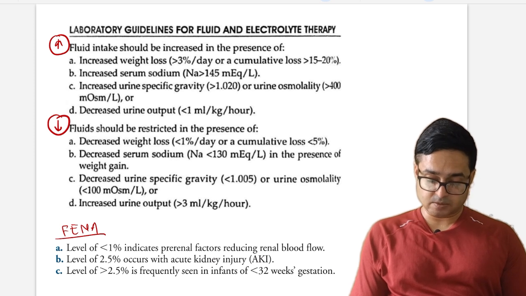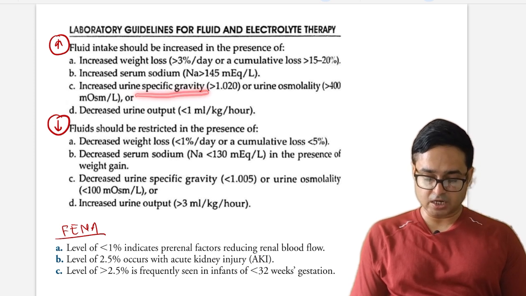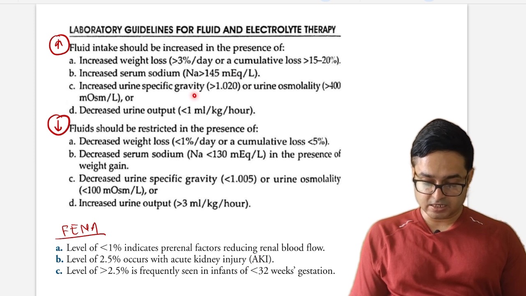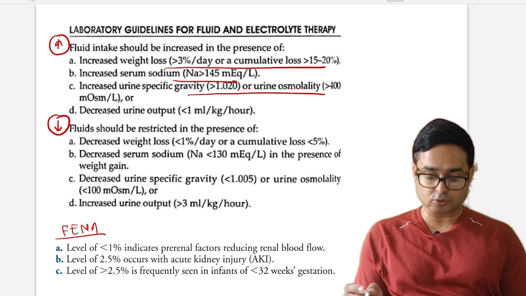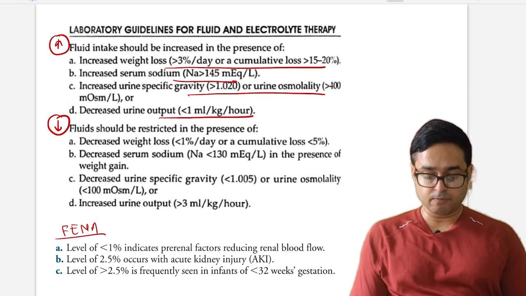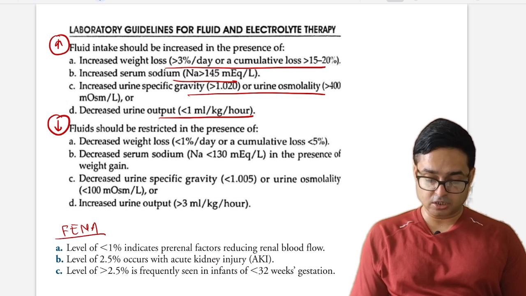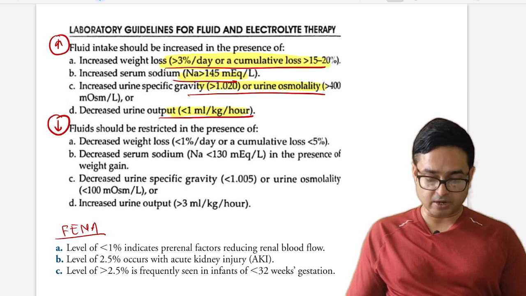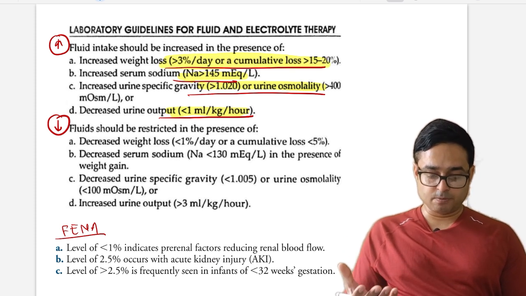If urine specific gravity is more than 1.020 and urine osmolarity is more than 400 milliosmol per liter, you have to supplement, along with decreased urine output of less than 1 ml per kg per hour. Just remember all these. In these conditions your fluid is required or should be increased.